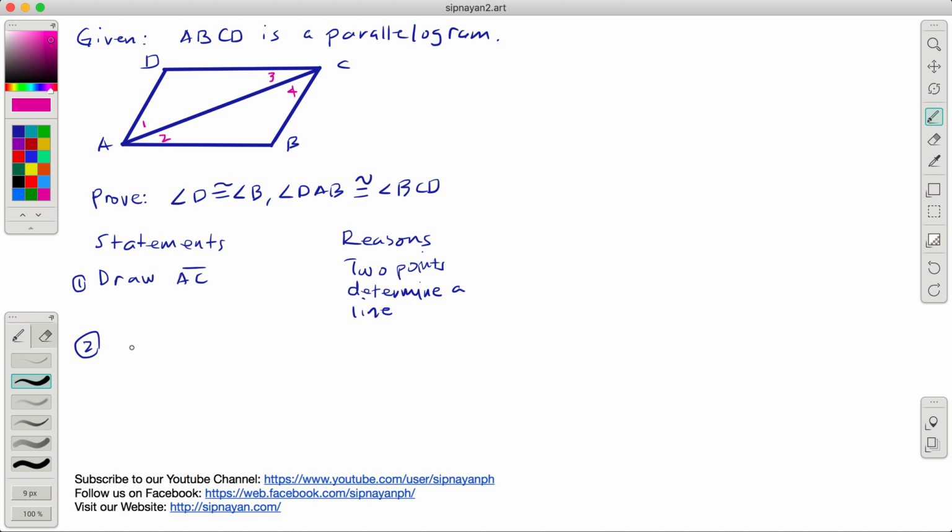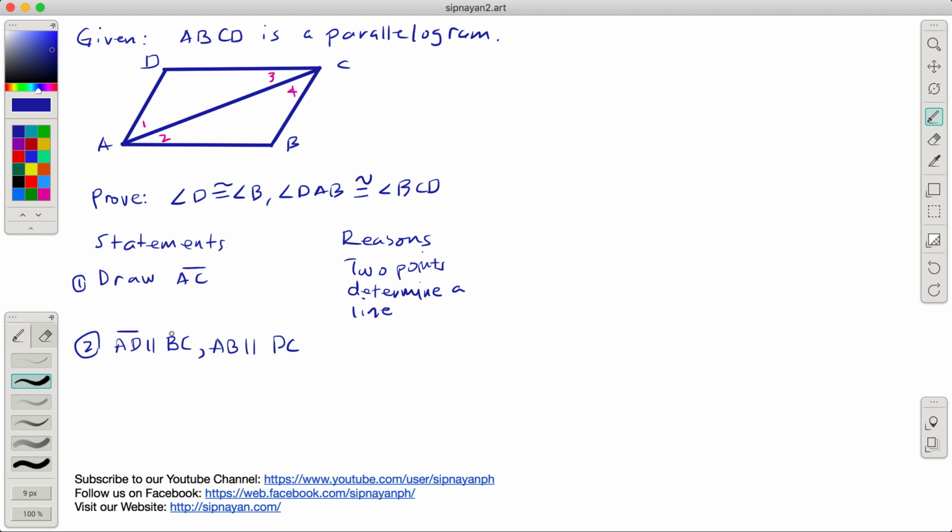So, una, AD is parallel to BC. And what else? AB is also parallel to DC or CD.